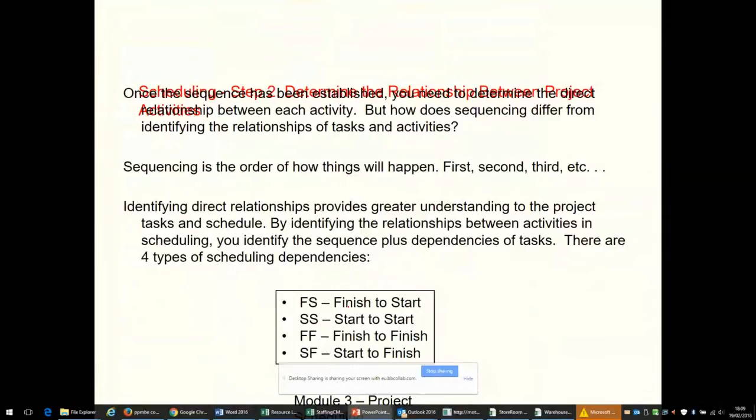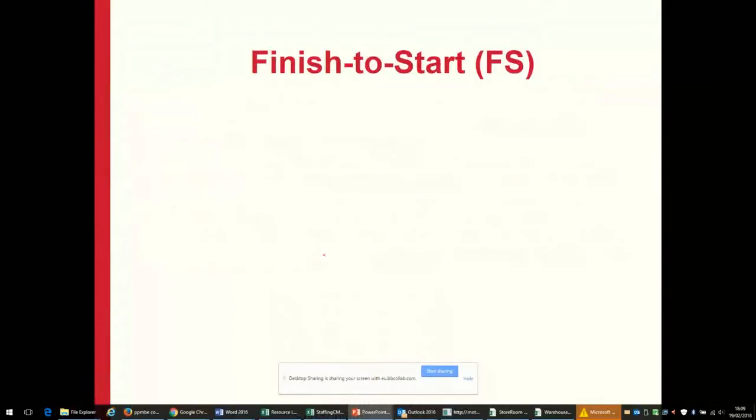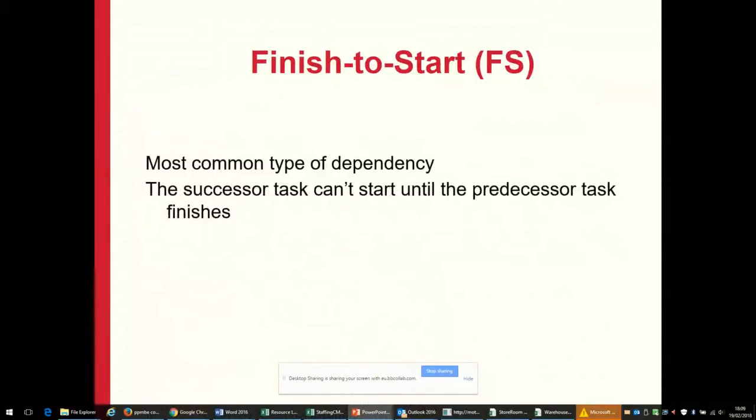Now, a key objective of all of this is also to help see the relationship between different activities. So is it a finish to start relationship, or a start to start, finish to finish, or start to finish? Again, drawing upon Kipling's statement of what and when and how and where, it helps us see how different tasks are organized.